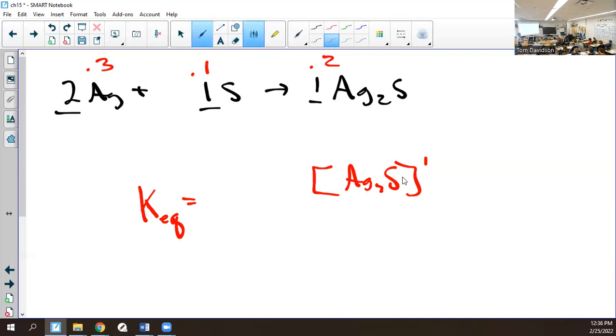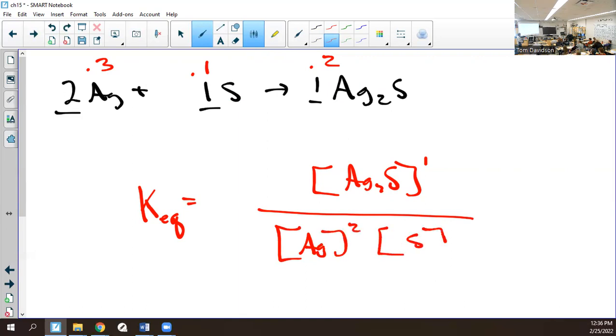Ag2S to the first is the only product. Then we divide by Ag to the second and S to the first. Now I just plug it in.